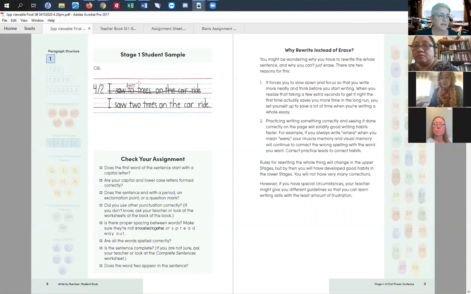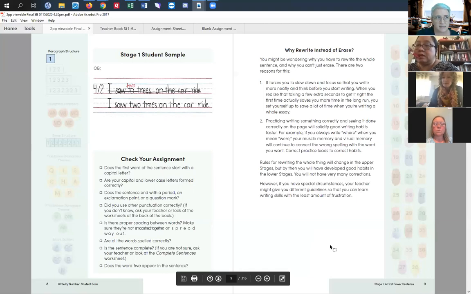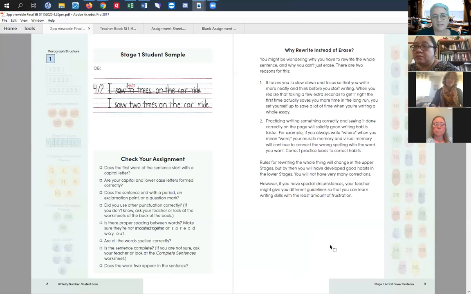And if they make a mistake, they just put a line through it and copy it correctly below. Now, one of the things that is most important in these early stages is to force them to rewrite the whole sentence and not just erase and fix one thing. And you may say, well, why? That's so hard. It's not hard when it's one sentence.